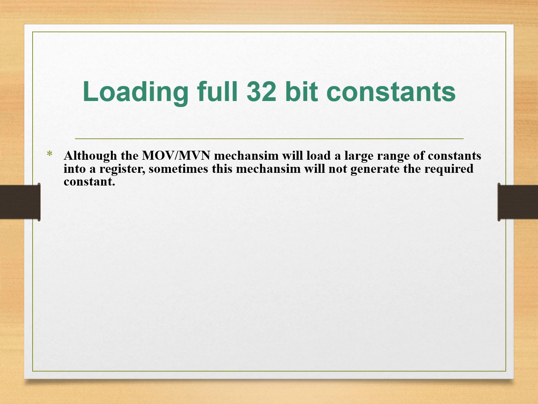Although the MOV and MVN mechanism will load a large range of constants into a register, sometimes this mechanism will not generate the required constant, the one that you want.